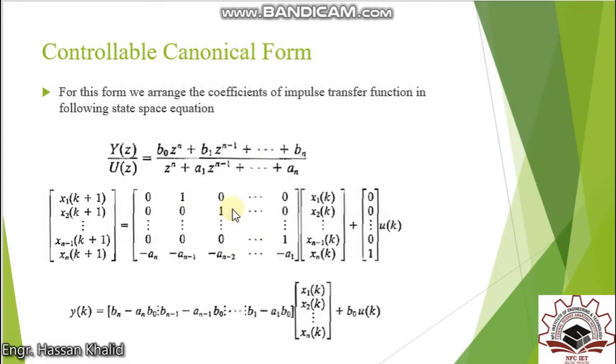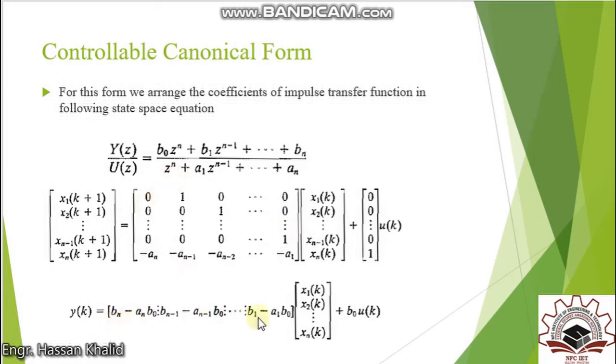Also keep in mind that the order of this whole system is defined by the characteristic equation power n, z raised to the power n. If it is equal to 3, the order of this whole matrix will be 3 as well, 3 by 3, and so on.